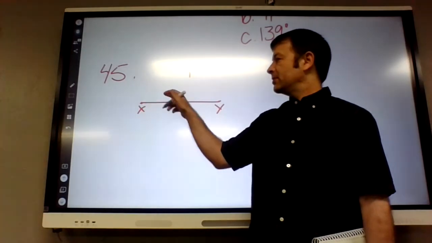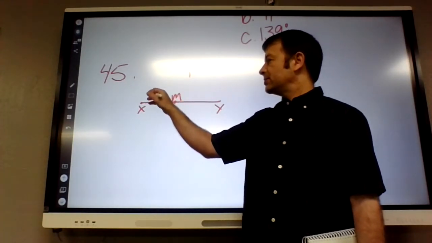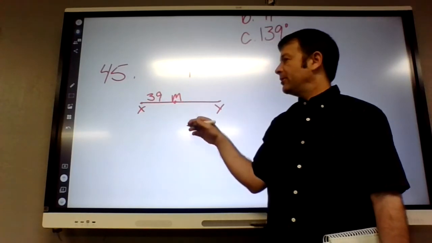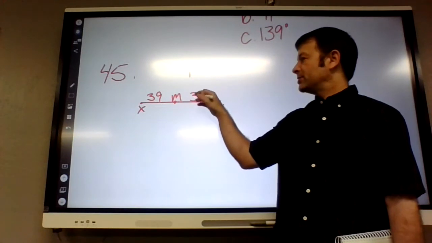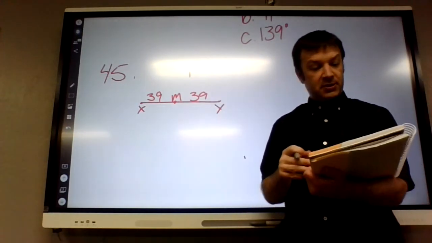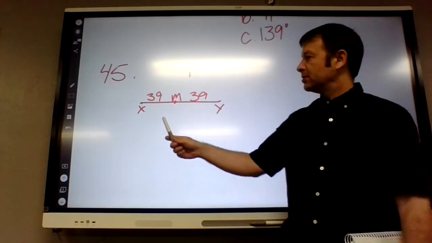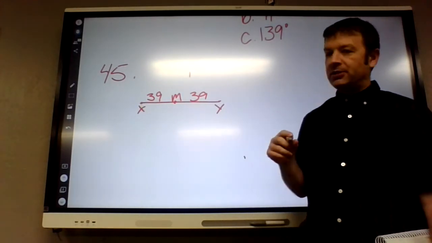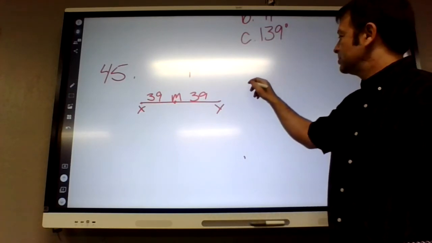It means the distance between X and M is 39. So what do I know if that's true? The distance between M and Y is 39. Now let's see what the question is. Find XY. 39 times 2 is 78.